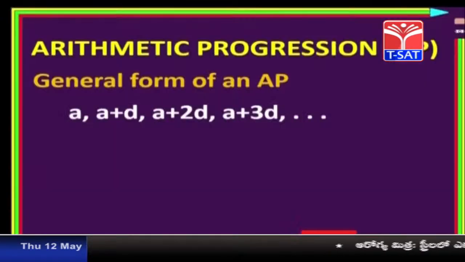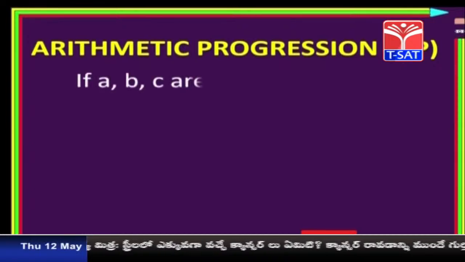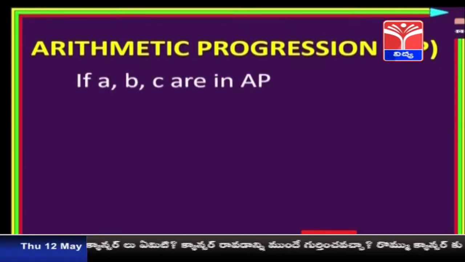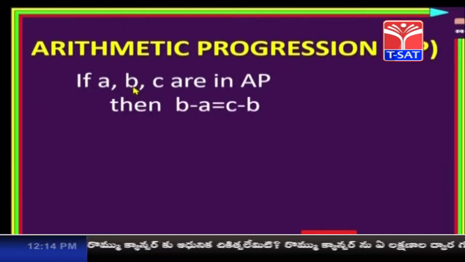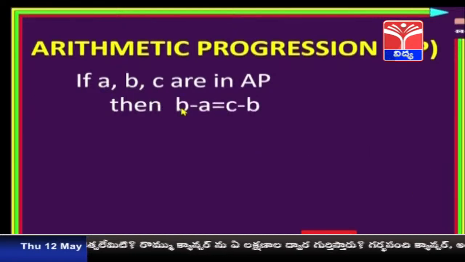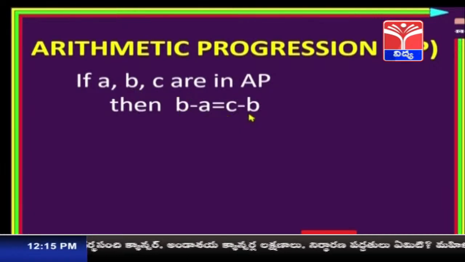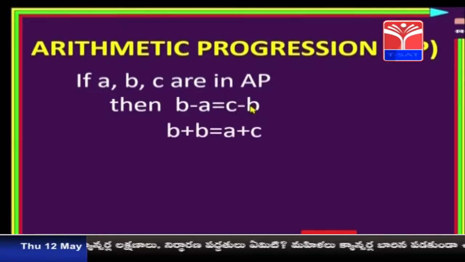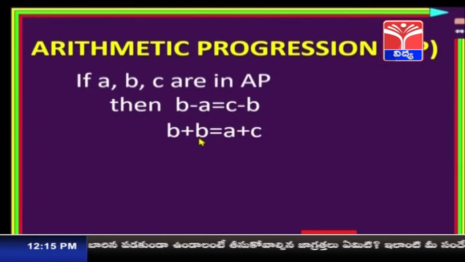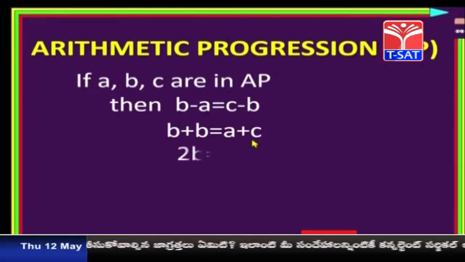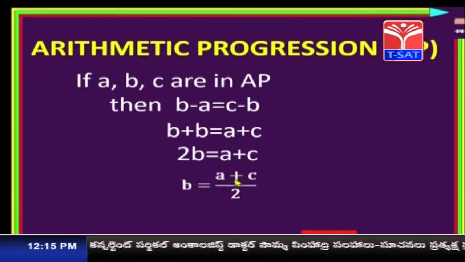This is the general form: A plus D, A plus 2D, A plus 3D, and so on. What is the relation between A, B, C? If A, B, C are in AP, then the second term minus the first term, B minus A, is equal to the third term minus the second term, C minus B. Rearranging the terms, we get B plus B is equal to A plus C. So 2B is equal to A plus C, and B is equal to (A plus C) by 2.